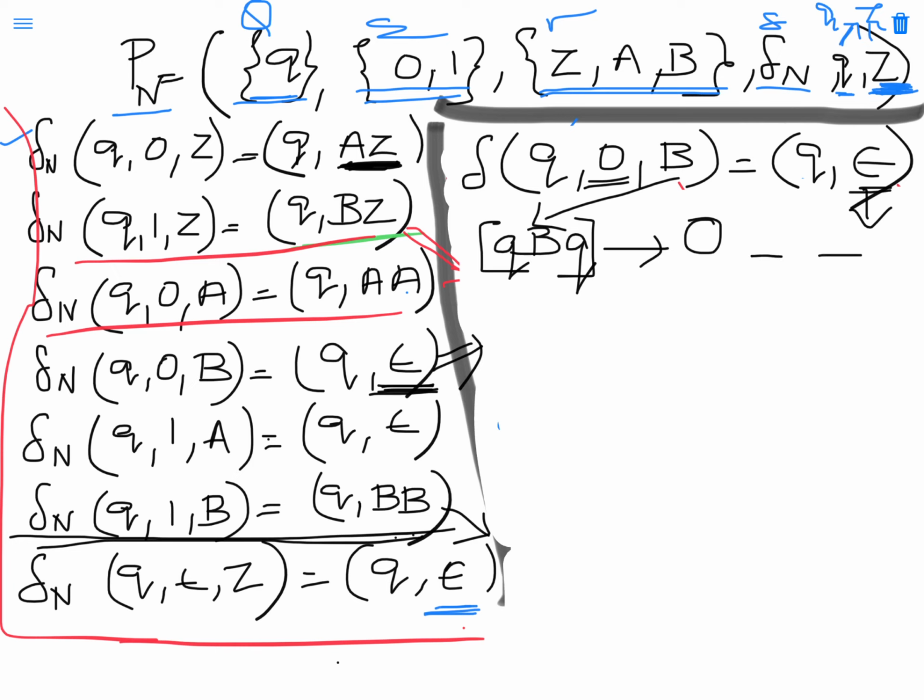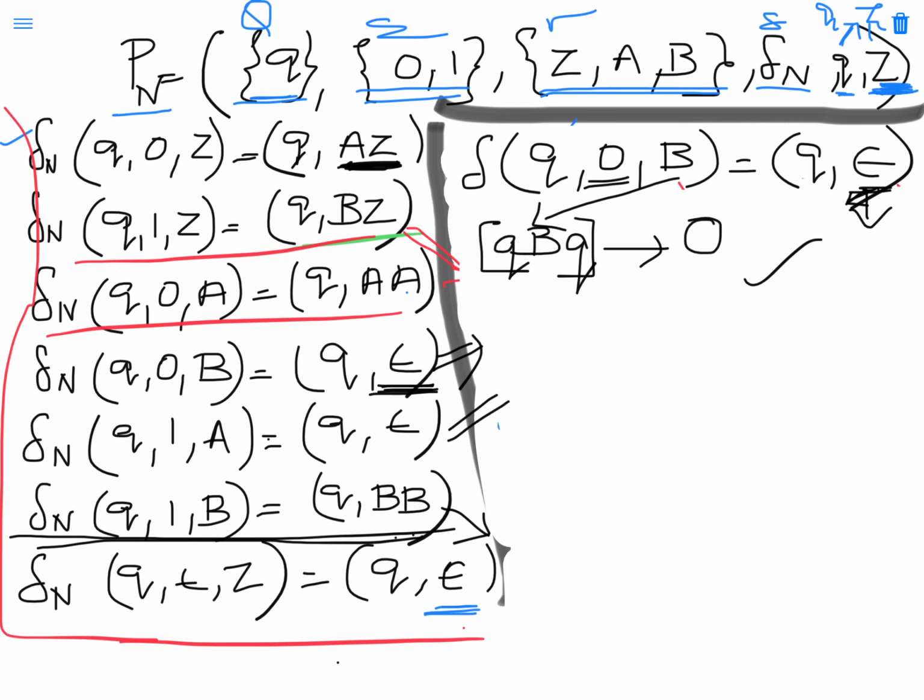Will any non-terminals be there in the right hand side? No, because the stack symbol used here is epsilon, so there won't be any non-terminals. So this will be the production for this particular function.